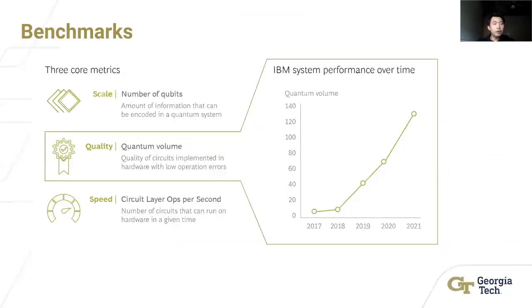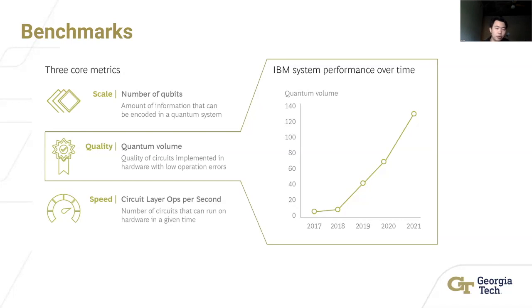And in order to benchmark a quantum computer, people have different platforms. What you want is a cross-platform benchmark to tell you the performance, the quality of a quantum computer, regardless of your physical realization.